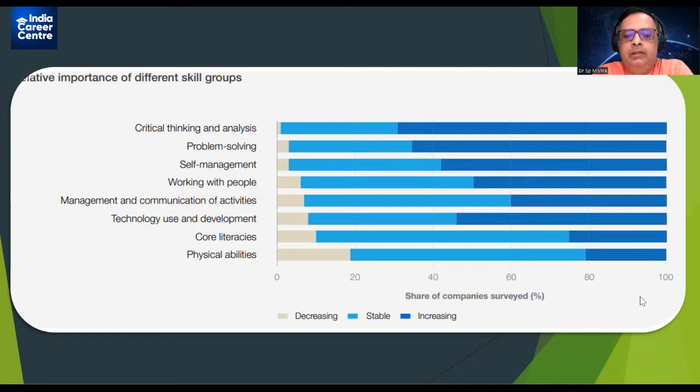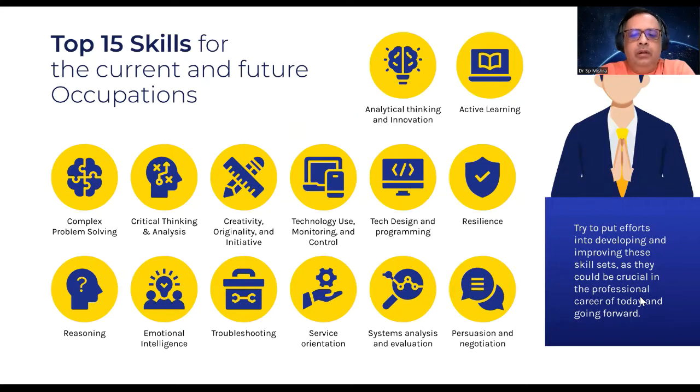I think these skills will be becoming more and more important as we go along with the involvement of technology continuously in all the sectors of our lives. Of course, we will cover this more in detail in our next segment, which is the 21st century skill.